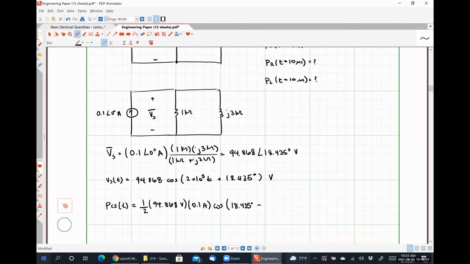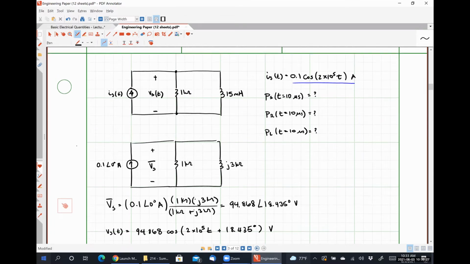And here's where we need to pay a little bit of attention, okay? If we're calculating the absorbed power, then we want the current that is flowing into the positive polarity terminal, which is in the opposite direction of IS of t.